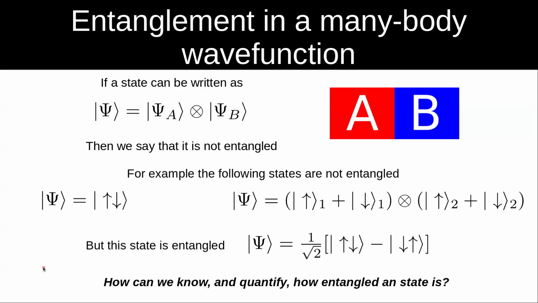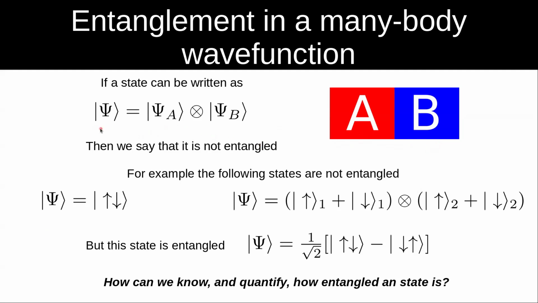The entanglement entropy is essentially a measure of how much a quantum many-body state entangles 2 different subsets of our system. So let us imagine that you have a full quantum many-body state that is the state psi, and that this state psi is effectively just a tensor product of states on region A and states on region B. So you can think that this region A is a set of spins and this region B is another set of spins.